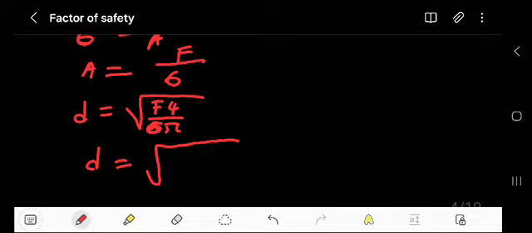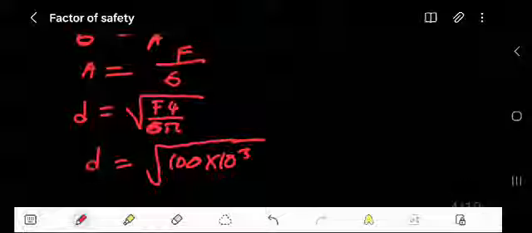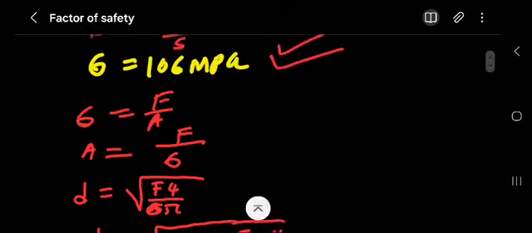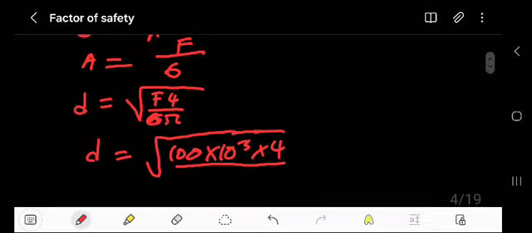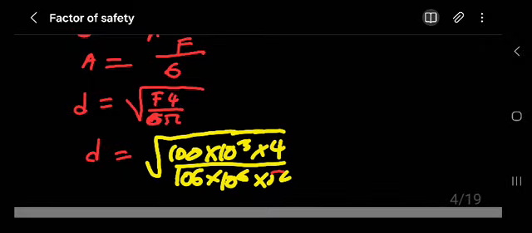The first: 100 times 10 to the power of 3, since it was kilonewton, times 4, divided by the stress that we have there, the actual one, 106 times 10 to the power of 6, multiplied by pi. Then you have to find this.